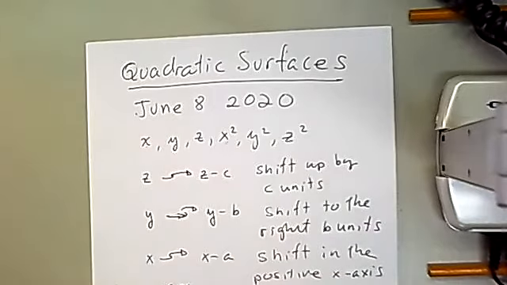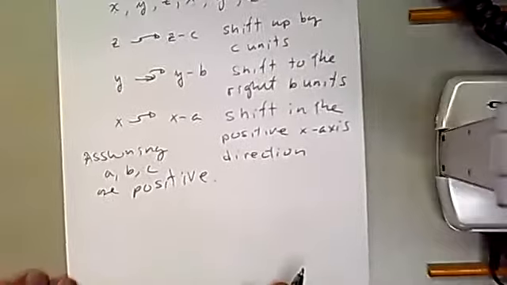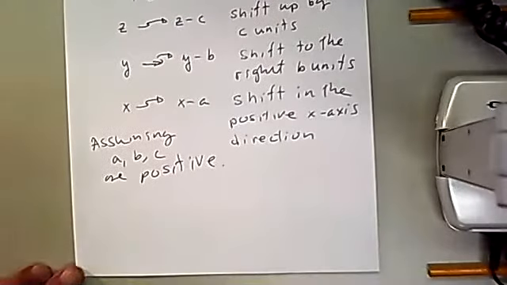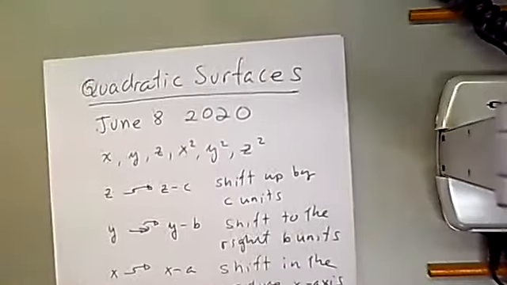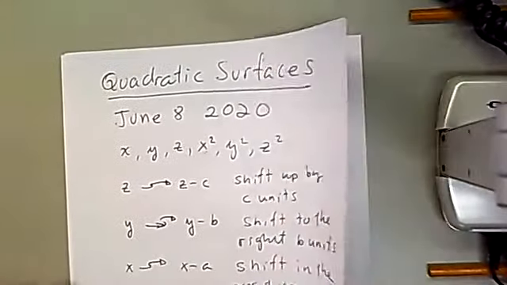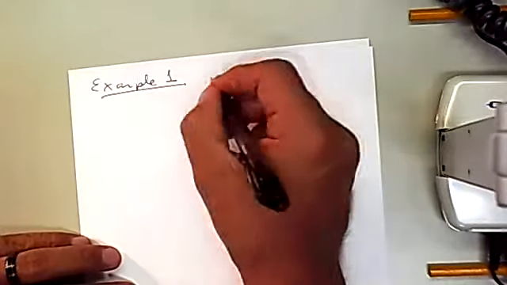Let me start out with a simple example, a first example of a quadratic surface, the simplest one. Let me start with a new sheet of paper. So let's call this example 1. It is going to be a sphere.